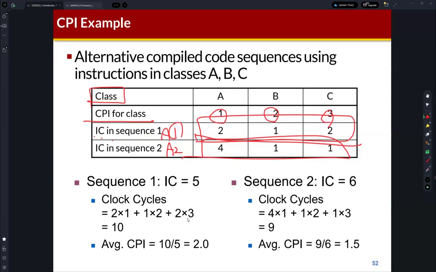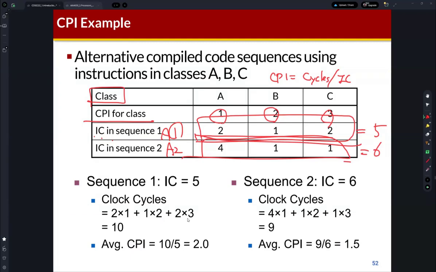Then how can we calculate the average CPI? By definition, CPI is the clock cycles divided by instruction count. So what is the total instruction count for sequence 1? It's 5, and this is 6. So sequence 2 has a total of 6 instructions.